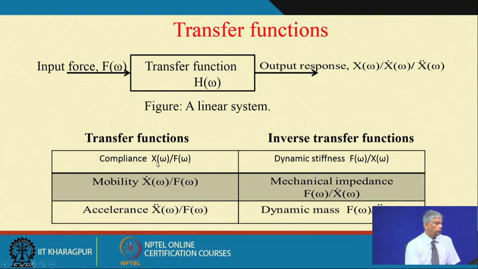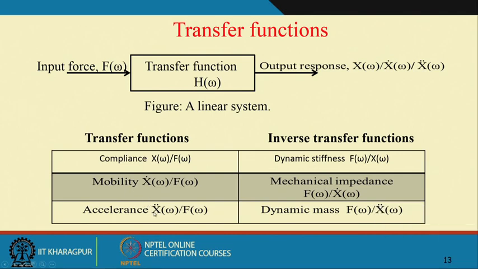Compliance is nothing but the displacement by the force, and the inverse of this is the dynamic stiffness. Similarly, mobility is nothing but the velocity by the force, and the inverse of that is the mechanical impedance. Accelerance is nothing but the acceleration by force, and the inverse is either the dynamic mass or the apparent mass.